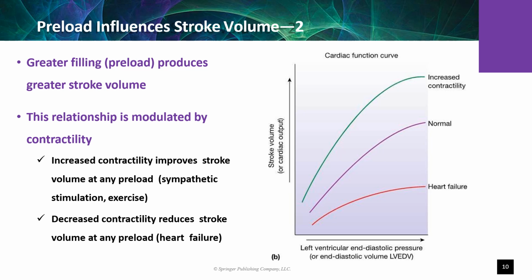Summarizing the influences on cardiac output, remembering that it is the heart rate times the stroke volume, both of the components are under control of the autonomic nervous system. The heart rate is decreased by parasympathetic activity and increased by sympathetic activity. The stroke volume is determined by the preload, the afterload, and the cardiac contractility.